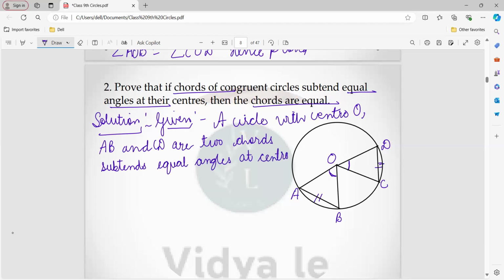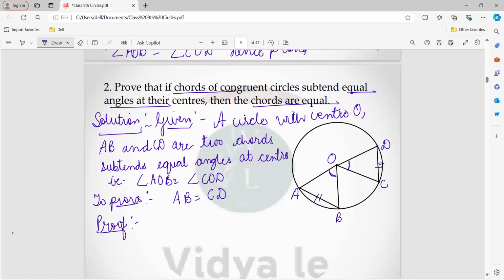That is what we are given. Angle AOB is equal to angle COD. And what do we have to prove? We have to prove that the chords are also equal, right?